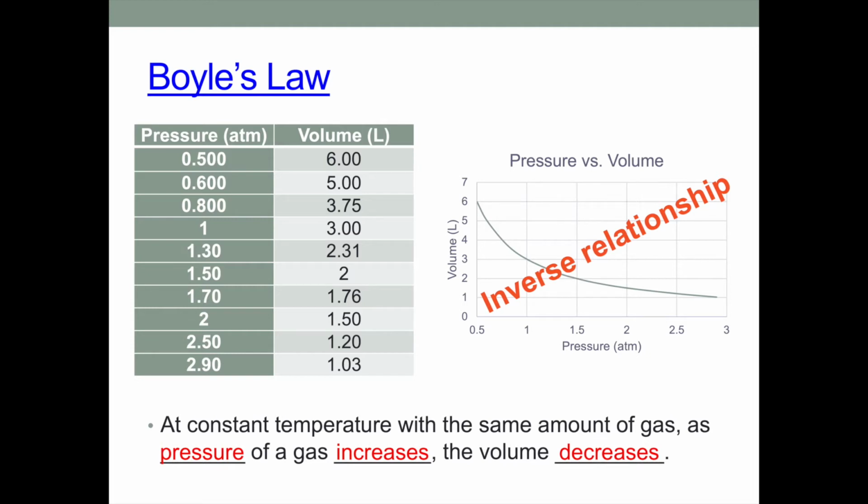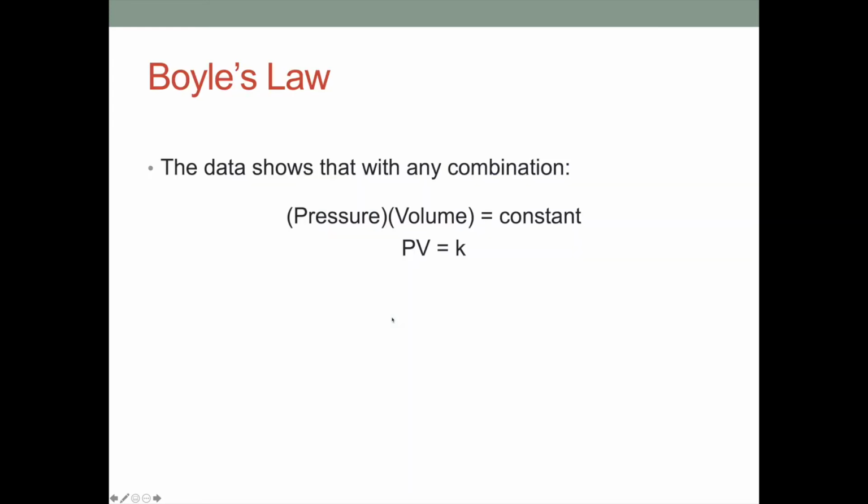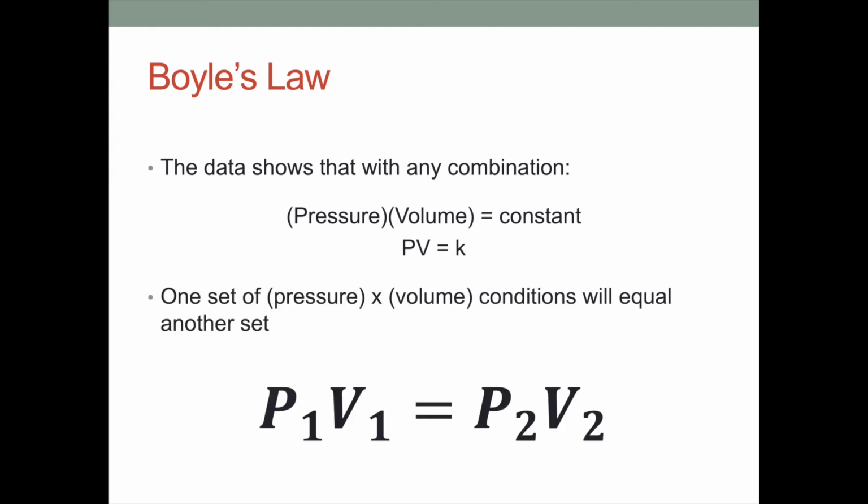If you multiply the two values together, 0.5 times 6 is 3, 0.6 times 5 is 3, 1 times 3 is 3, 1.5 times 2 is 3. So the data shows that any combination of pressure times volume equals a constant. We'll call it K. So P times V equals K.